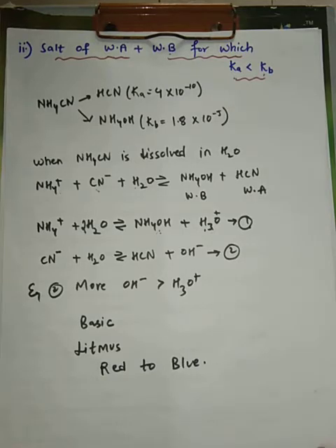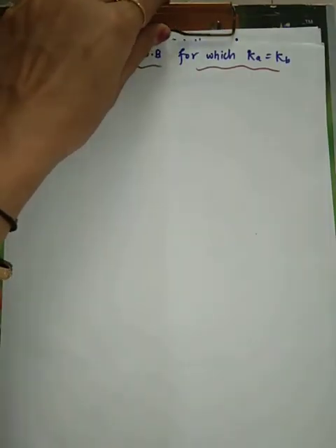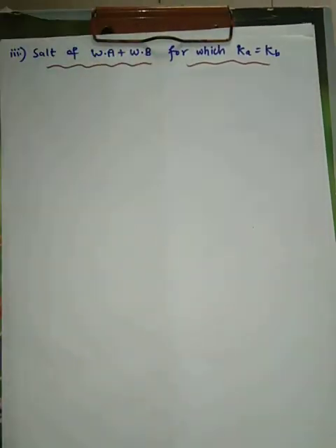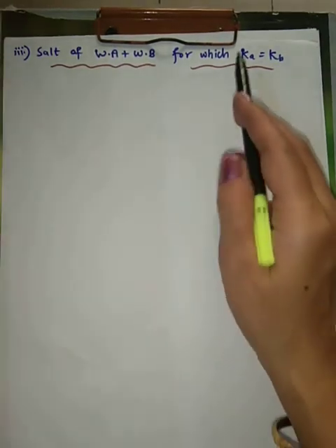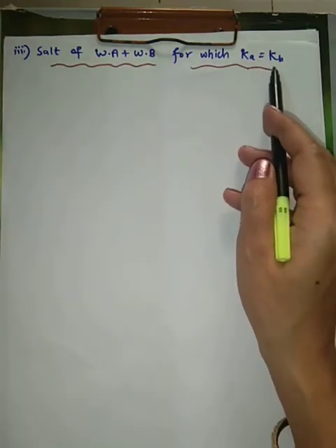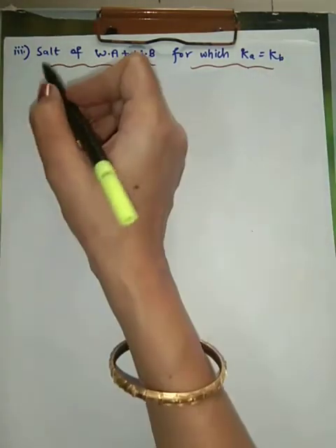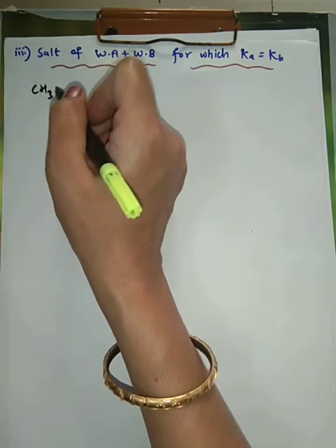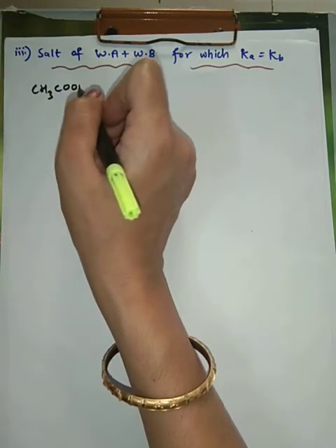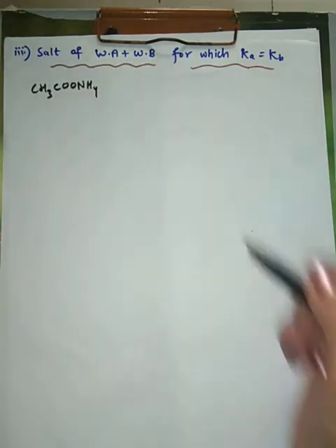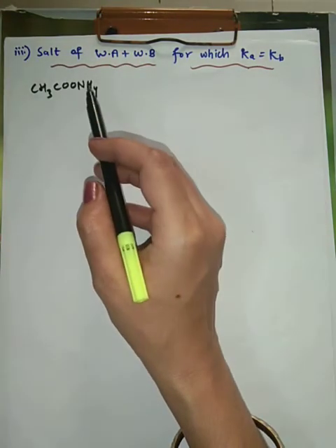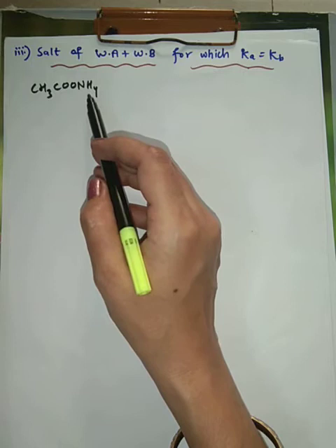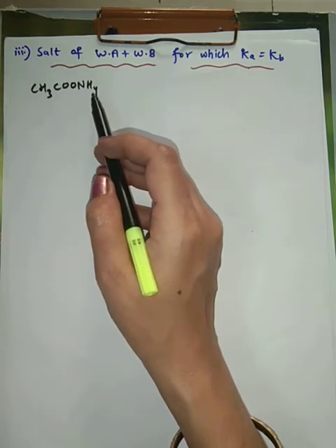Then the next type of such salt is the last type of weak acid and weak base for which the acidic and basic strengths are equal. An example of such a salt is ammonium acetate. This consists of an acid and a base, and both of them are equal in their strength.